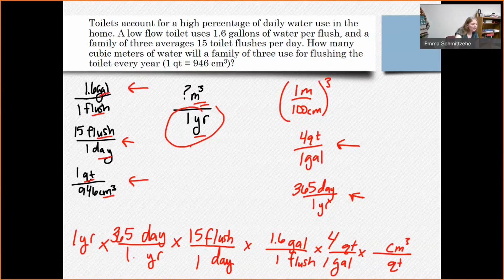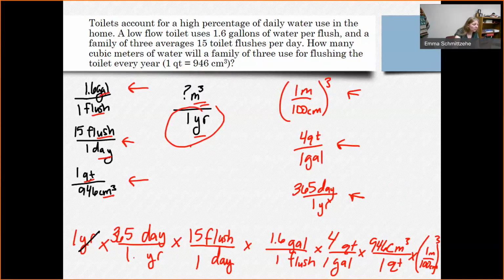And so it's 946 cubic centimeters for 1 quart. And then 100 centimeters in 1 meter, and I need to make sure to cube that relationship. And that should go through and cancel things and give me what I want, right?